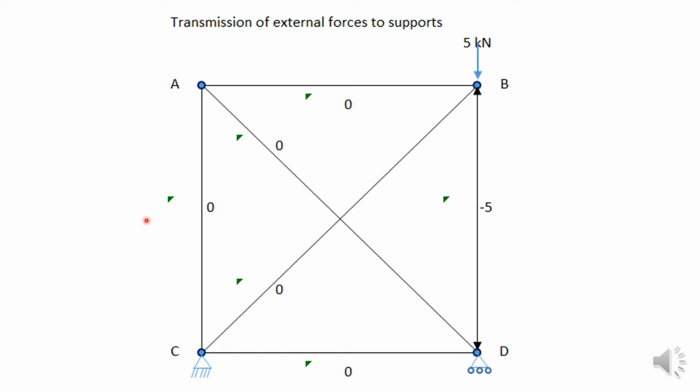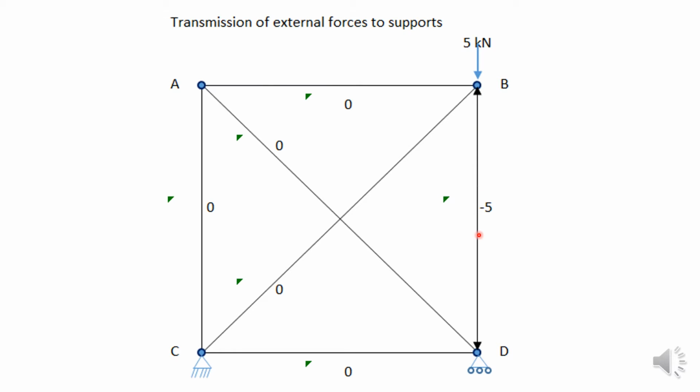First of all, we will do transmission of external forces to the supports. The only load is the 5 kilonewtons vertically downward at B. Now this will go straight to the support at D through this member BD.